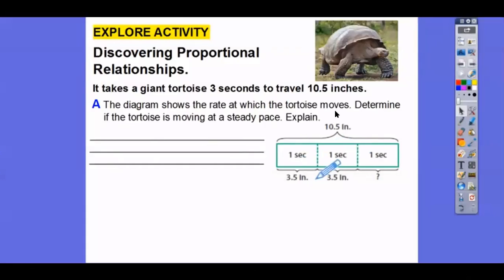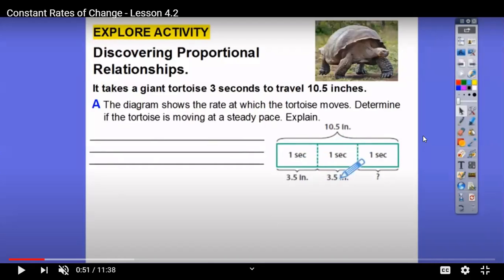So at the beginning, we will draw the diagram, and I'm going to divide the diagram into 3 parts because he said 3 seconds, and I have the total distance, 10.5. So we can say that in 3 seconds, we will divide 10.5 divided by 3, which means in the first second it moves 3.5 inches, and in the other second it's 3.5.